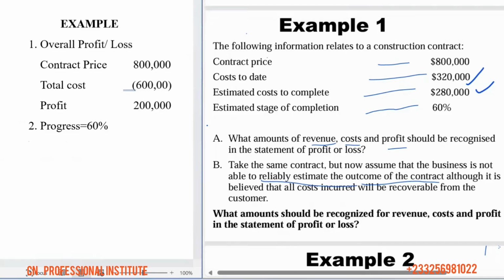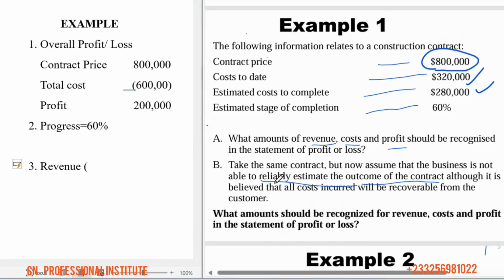Step three, we go to our statement of profit or loss, right? And we say in the P&L, we record revenue. So our revenue is equal to, we said we apply the progress rate to the total contract price. Don't forget, we apply the progress rate on this 800 thousand to get the revenue.